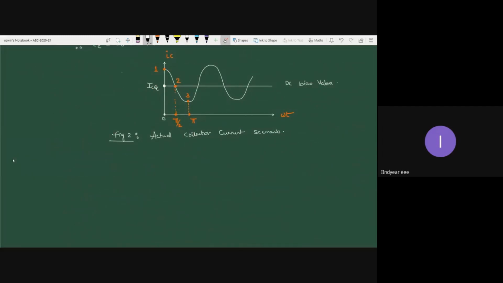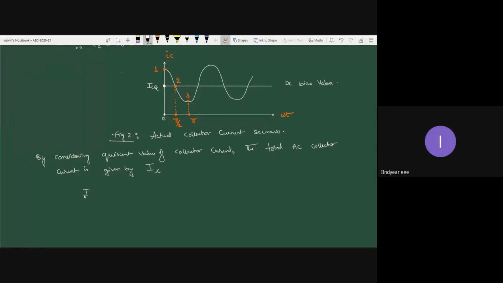So by considering the quiescent value of collector current, the total collector current, let me write total AC collector current, is given by capital I and small c.